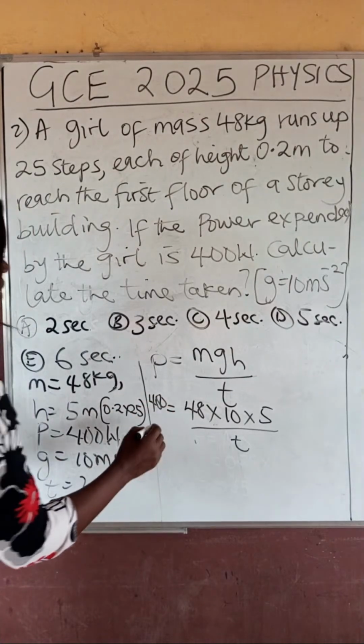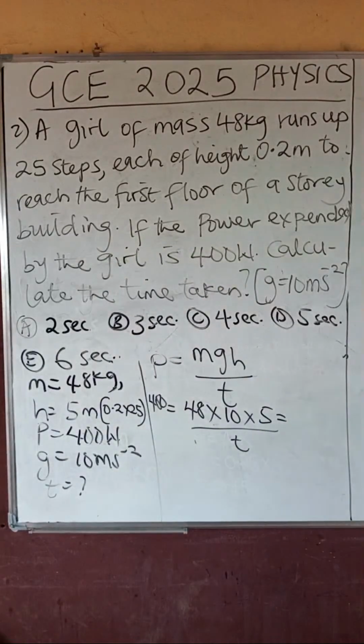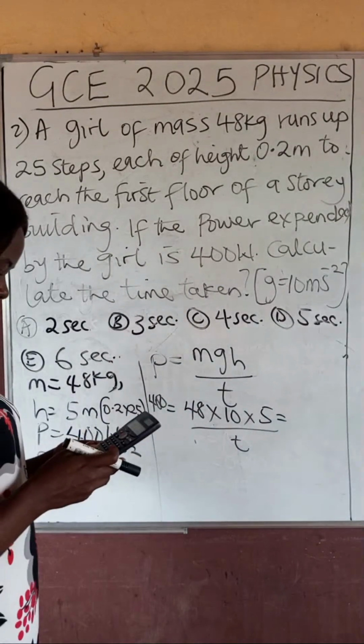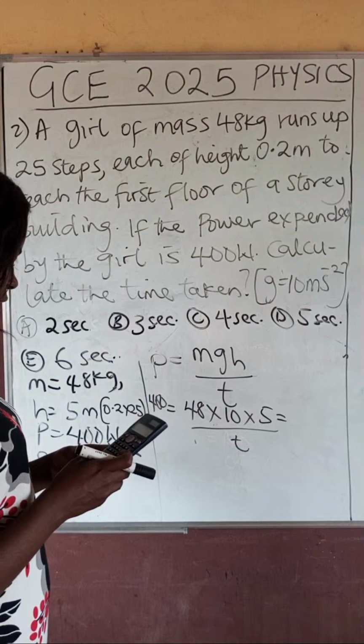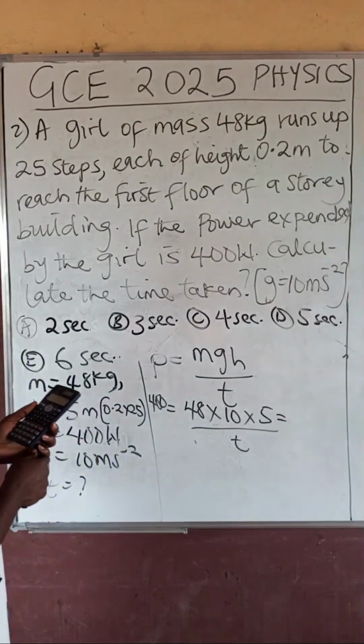Now, let's multiply this and see what I have. That is 48 times 10 times 5. I have 2,400.